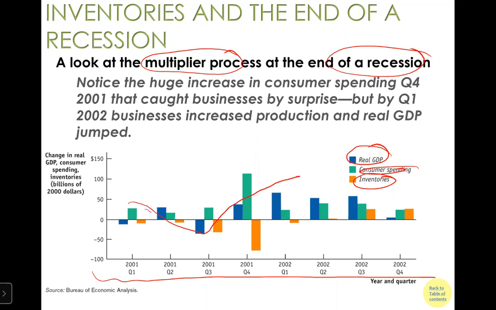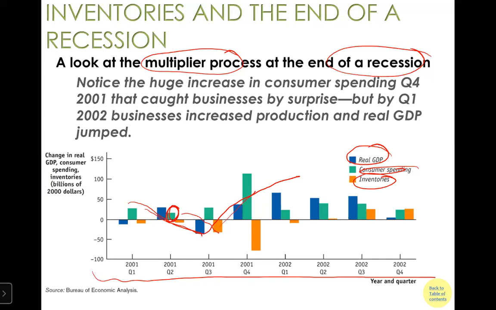The decline in real GDP leads consumer spending to decline, and the decline in consumer spending leads to a negative inventory change. And then later it is going to pick up, right?